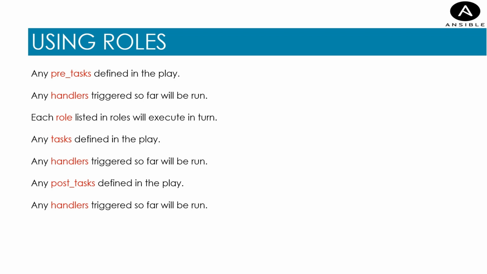Any task defined in the play, any handlers triggered so far will be run, and any post_task defined in the play, and then any handlers triggered so far will be run. So this is the hierarchy: pre-task, handlers, role, task, handlers, post task, and handlers again.